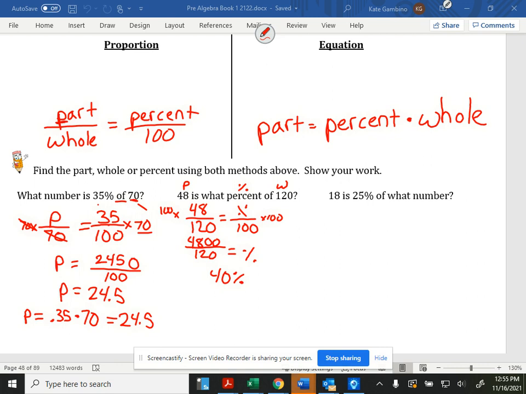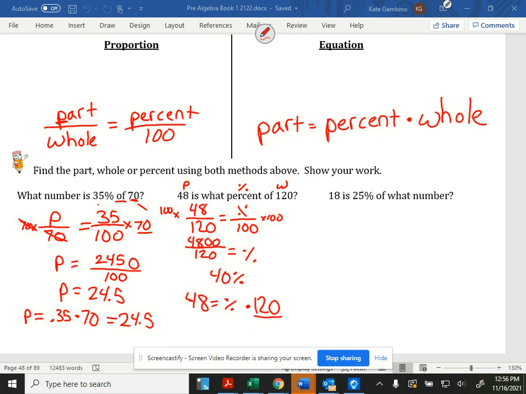If we're going to do the equation, we know our part, that's 48. We don't know the percent. And we're going to multiply that by the whole, 120. So if we're multiplying by 120 here, what do we have to do? We have to divide it, right?